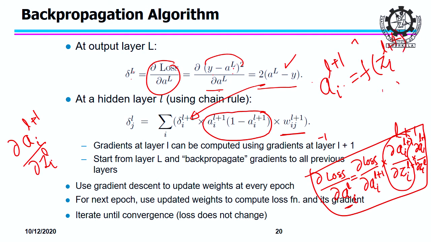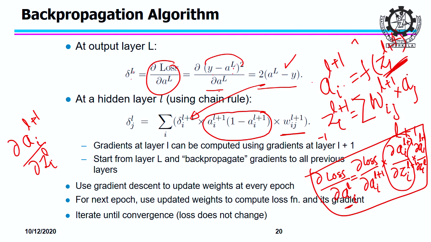To compute this one, Z I L plus 1 is a summation over j of W I j, attached to its L plus 1 level, into A j.